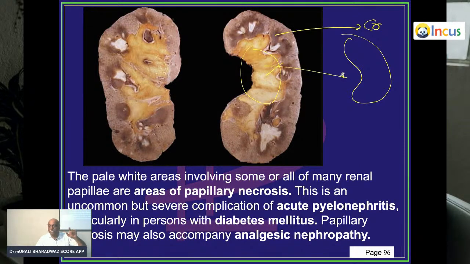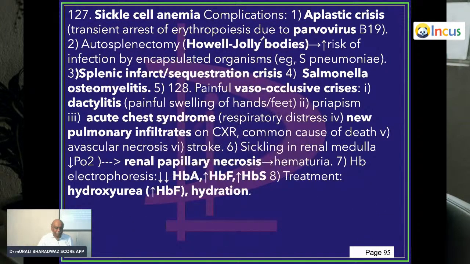So whenever the blood is flowing sluggishly and the oxygen concentration is relatively lower in the medulla, that leads to sickling and causes acute papillary necrosis. The papillae will be there, no? The minor calyces, major calyces, papillae, right? That papillary necrosis, one of the causes is sickle cell anemia, is what you need to remember.